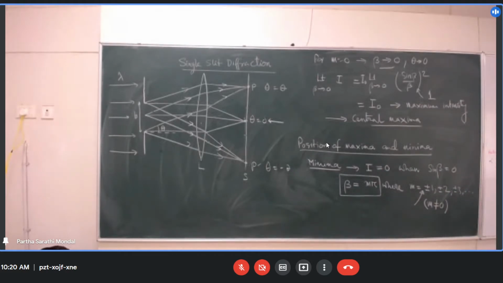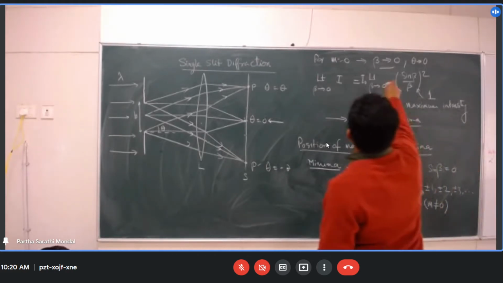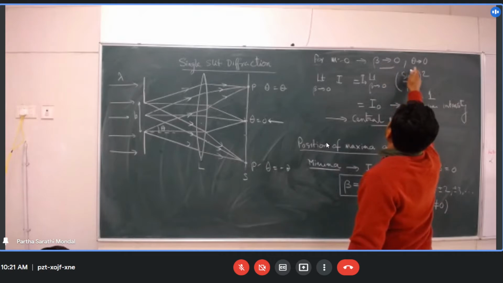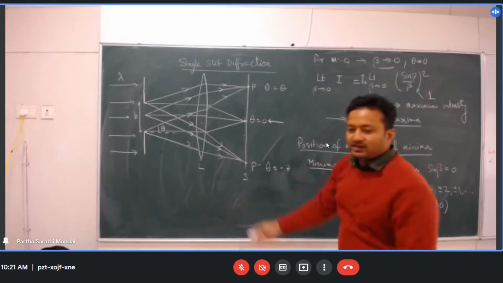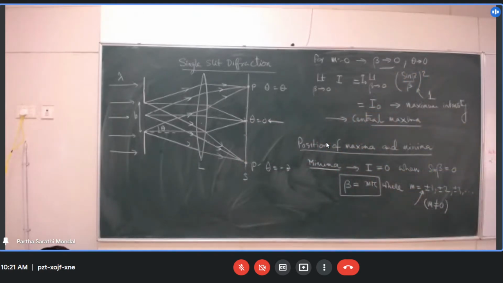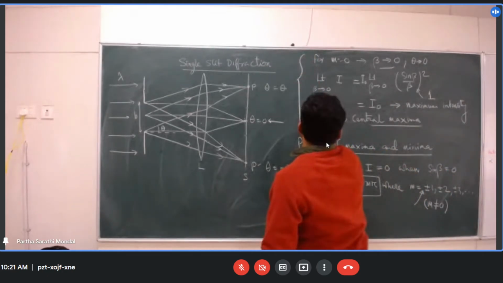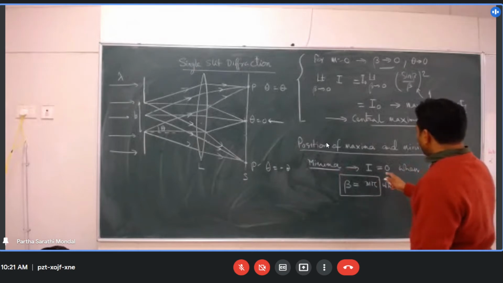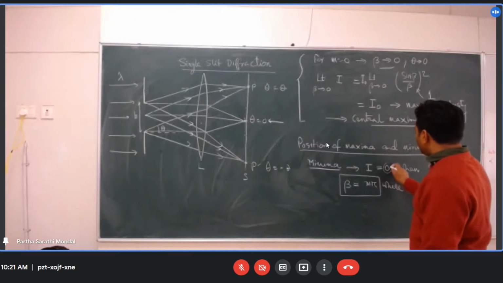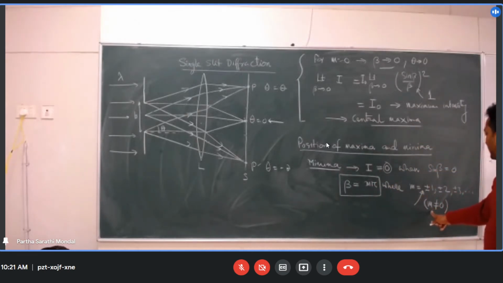It's not a straight line, because as I said, this is beta, theta tends to 0. It's not exactly theta equal to 0. That's why we didn't include it, because we are calculating minima, I equal to 0, but if I take m equal to 0 here, it will give you the central maximum.